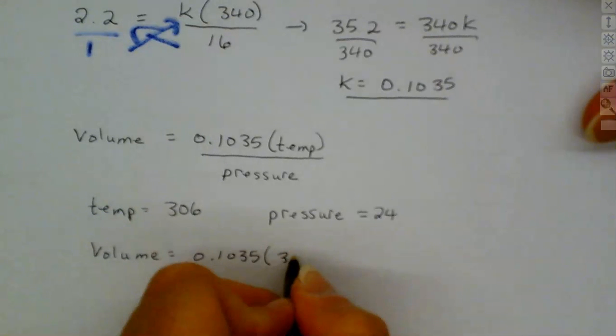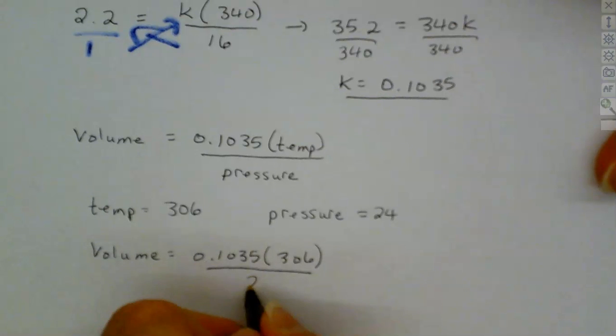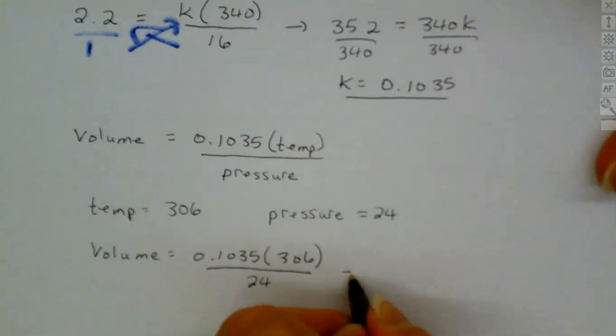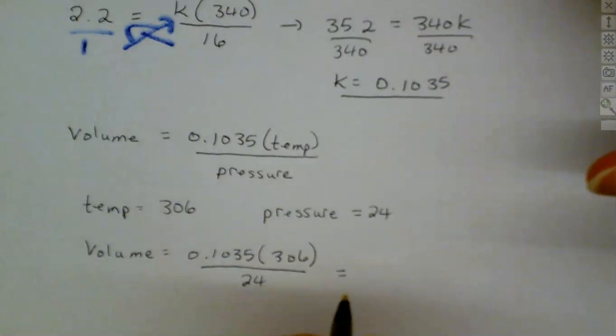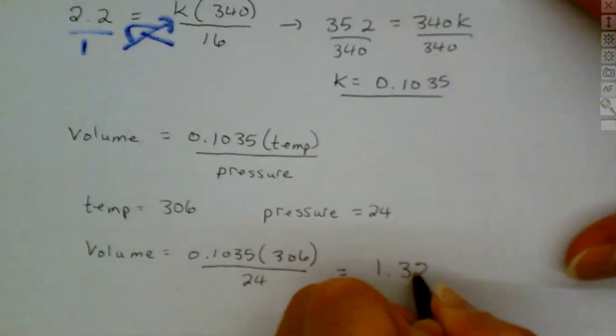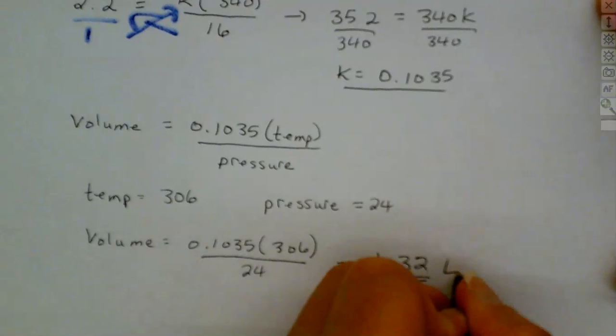So the temperature got dropped a little bit, and the pressure went up. And so what's going to happen to our volume here? Well, we've got our K. We're going to multiply that by 306, divide that by our 24, and we should end up now with approximately 1.3. When we work that all out, we end up with a new volume of 1.32, and that is going to be in terms of liters.